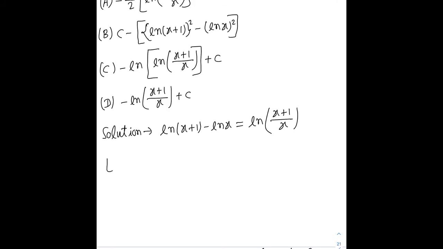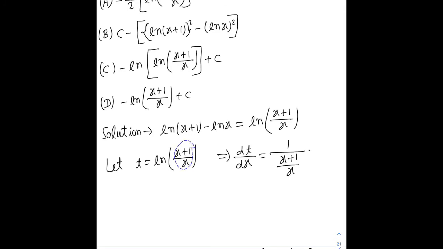Now if we take t as log of x plus 1 by x, and differentiate t with respect to x, using log differentiation, it's 1 by x plus 1 by x into the derivative of x plus 1 by x.